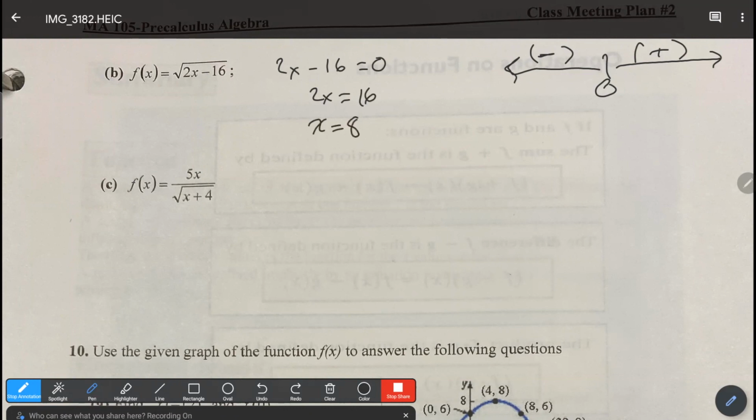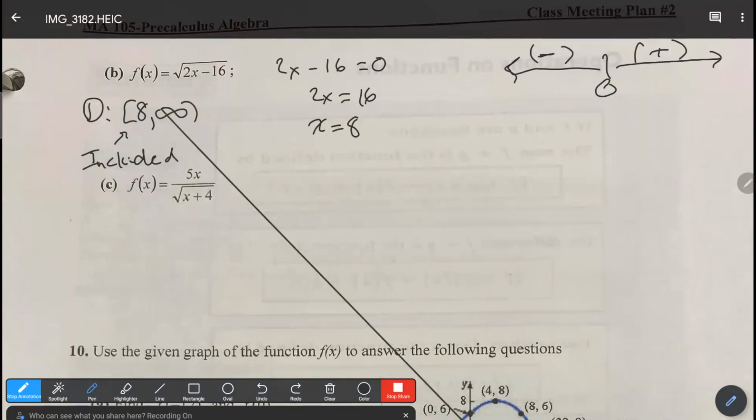So then what we can say is, okay, the domain is going to be from 8. And notice I use brackets here because it's included. So you can have 8 itself all the way to infinity, but anything else would be out of the domain.